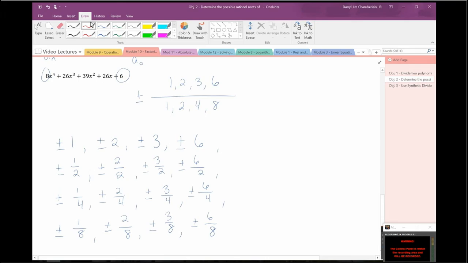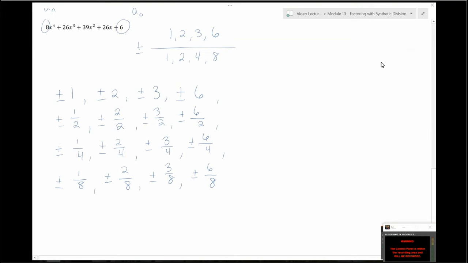But some of these are repeats. Like 2 divided by 2 is 1, and I already listed 1. 6 divided by 2 is 3, and I've already listed 3.